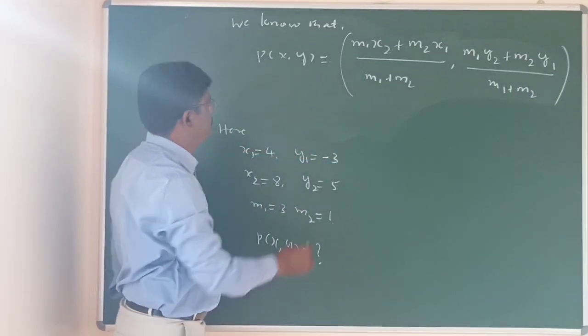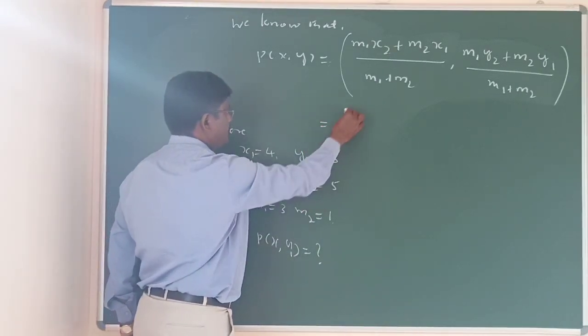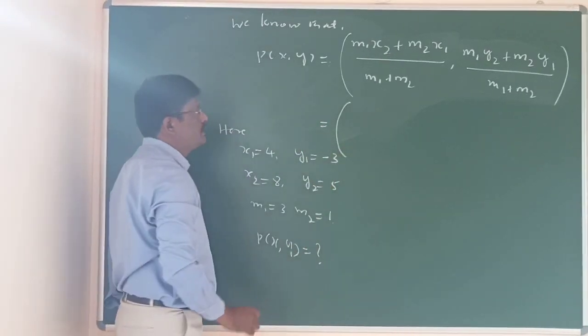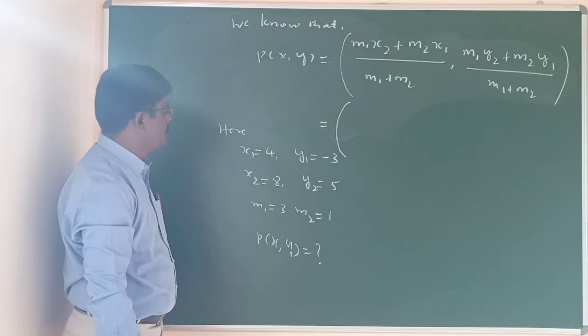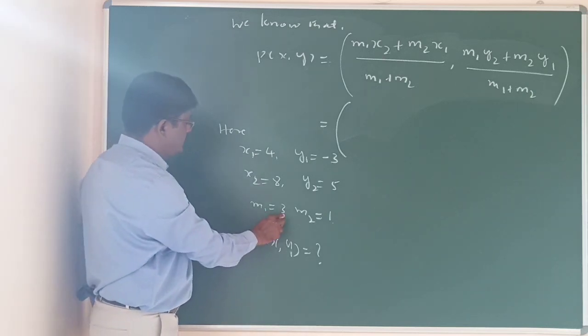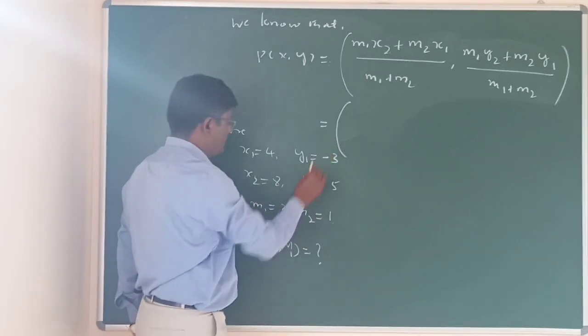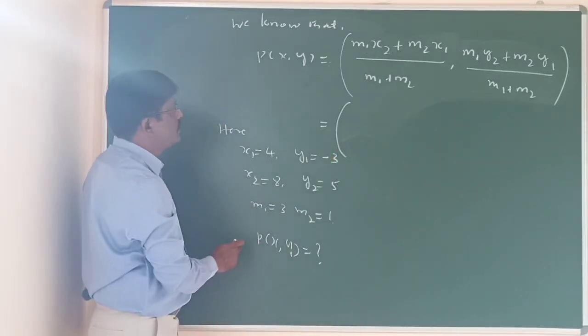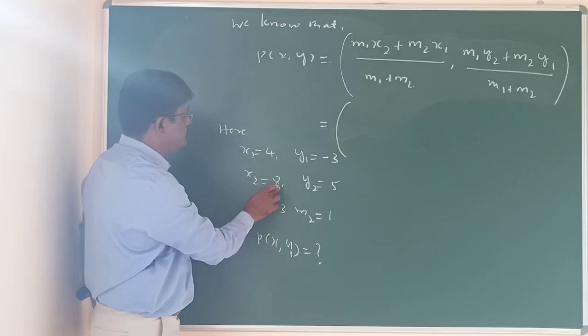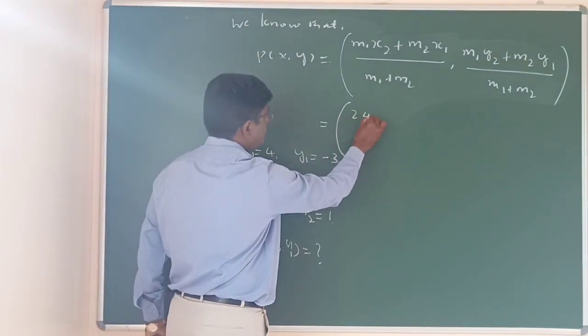Now let us substitute. This is equal to m1 x2: m1 is 3, x2 is 8, 3 eights are 24.